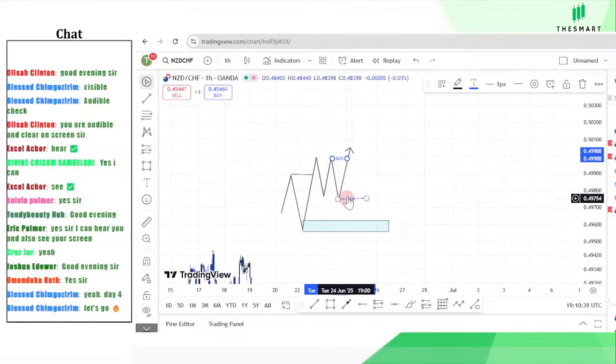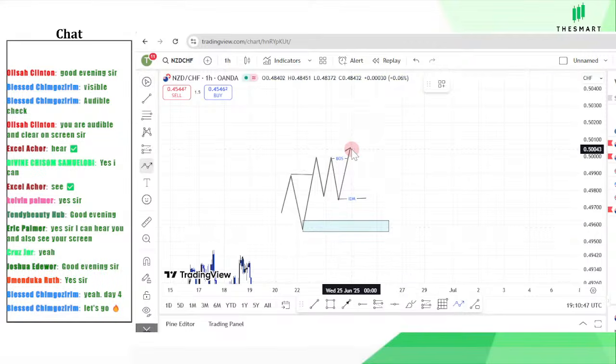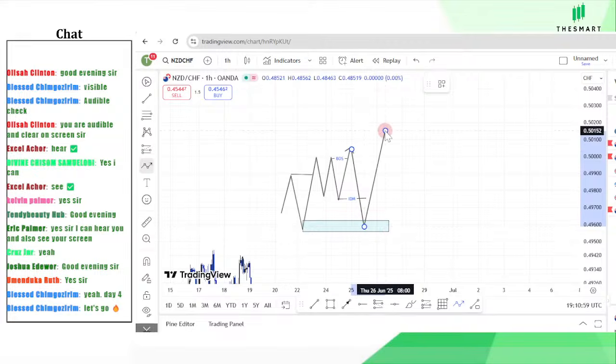At this point, this is your inducement and this is your valid order block. So what we want to see is price come back, take out this inducement, take out the early buyers. At this point, price comes into this zone, continuing to the upside.